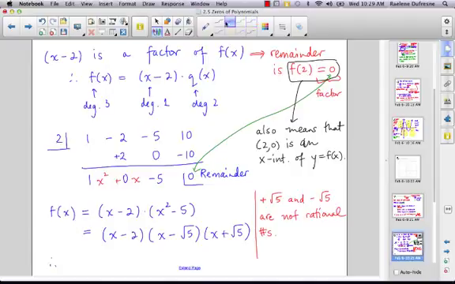So if I were to set y equal to 0, we would get x equals 2, or positive root 5, or negative root 5. Again, we should be able to make a sign chart, draw the graph, and confirm. These should all represent x-intercepts on the graph. So (2, 0), or (root 5, 0), or (negative root 5, 0).